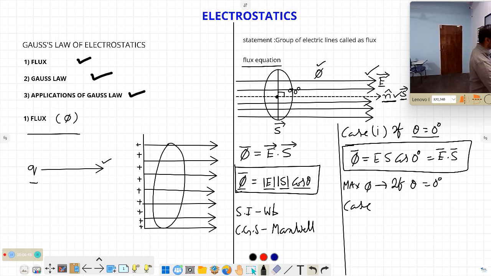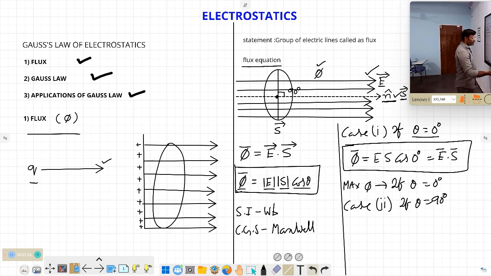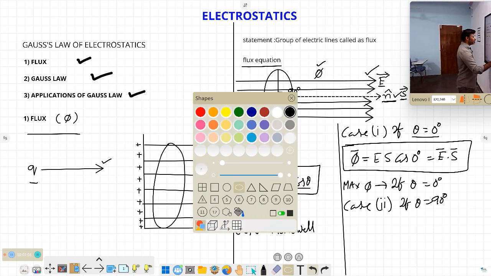Now what is the second case? Case 2: theta is equal to 90 degrees. What is the meaning of 90 degrees? The electric field and area vector must be perpendicular to each other. To understand that, I am taking the diagram of that area.